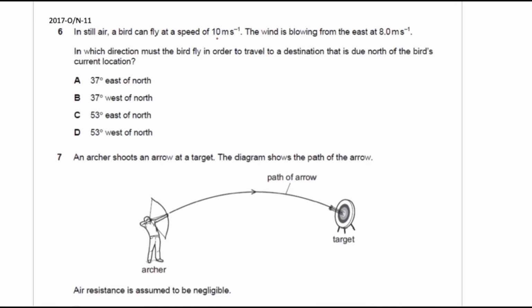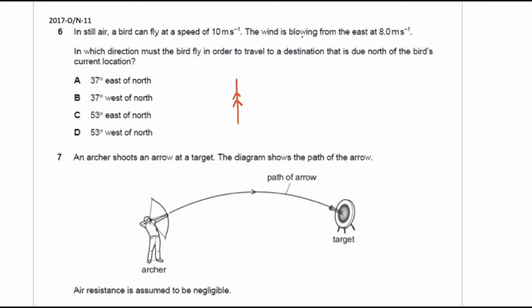In which direction must the bird fly in order to travel to a destination that is due north of the bird's current location? Okay, so let's see. The bird is trying to go to the north. That is what we call the resultant. The resultant is to the north.